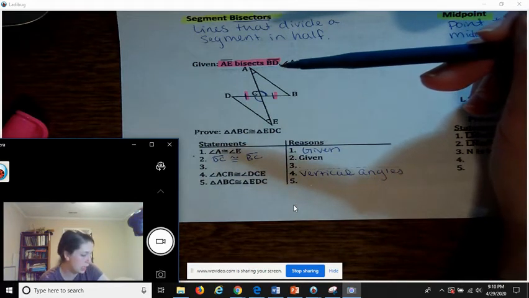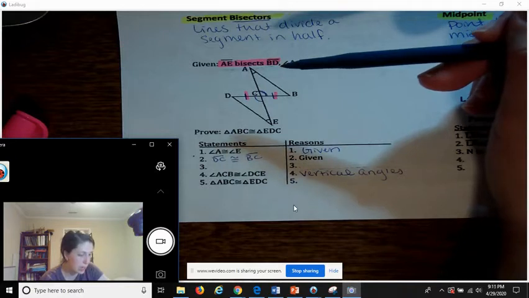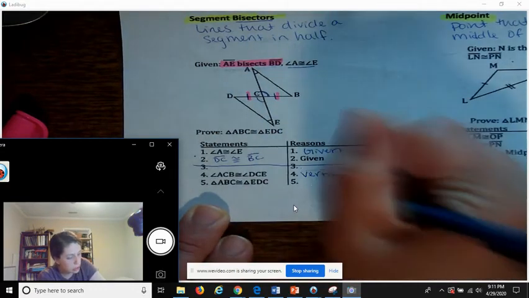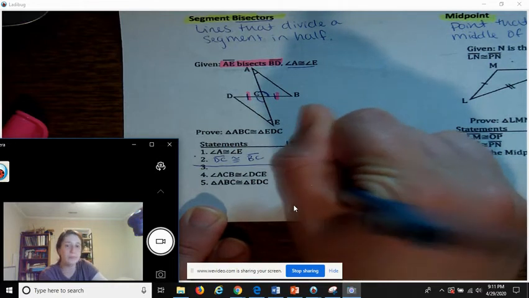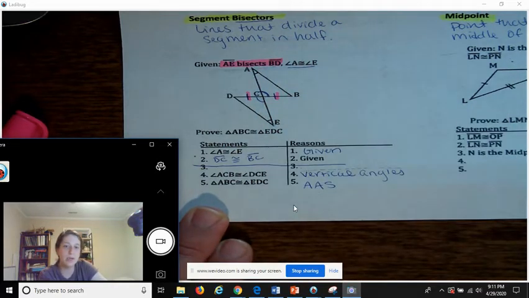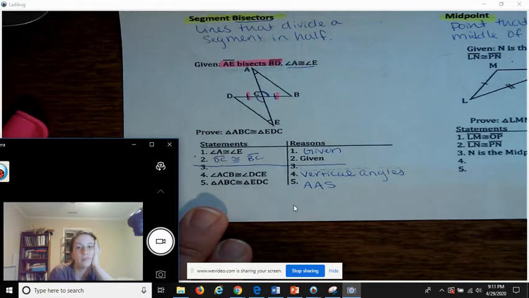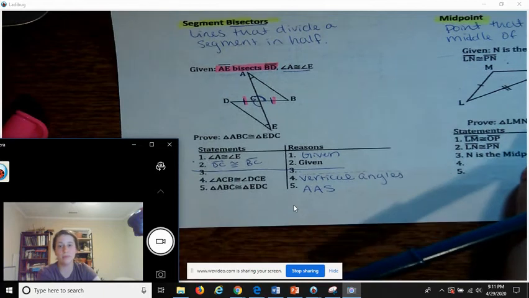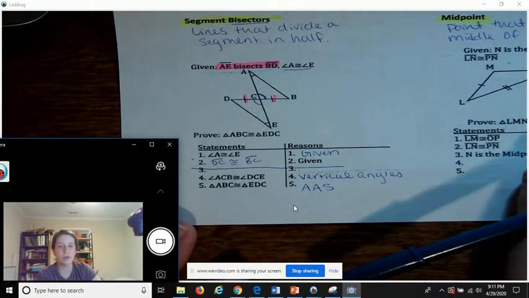Angle, angle, side is one that we have. They're in the correct order. I don't think we need a step 3. These two triangles are congruent by angle, angle, side. I'm not sure that you can come up with anything more. So I just don't think we need a step 3 for that problem. And there was another mistake that I had to correct on this one too. So sometimes there are mistakes. Okay, so that one's good to go.